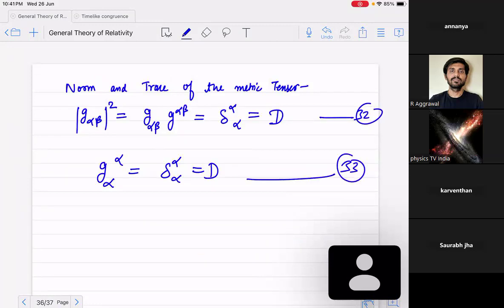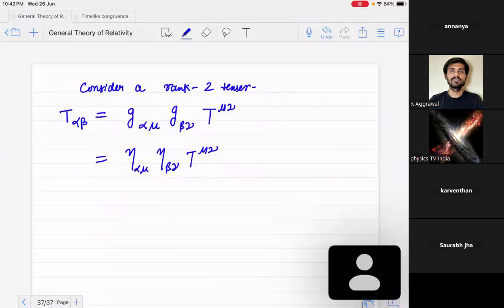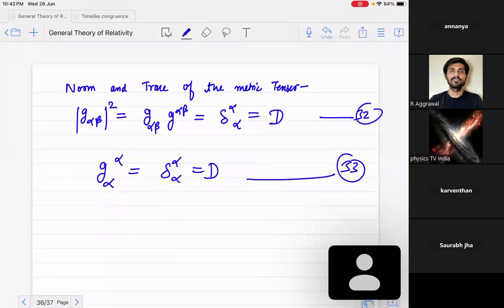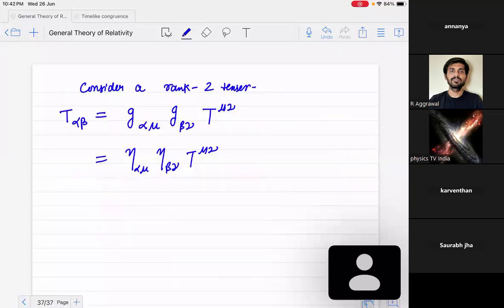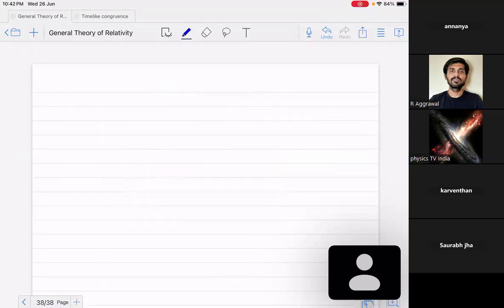Okay. Now let's discuss about the anti-symmetry of the tensors. For 33 and it is 34. Next heading is the anti-symmetry of the tensor.